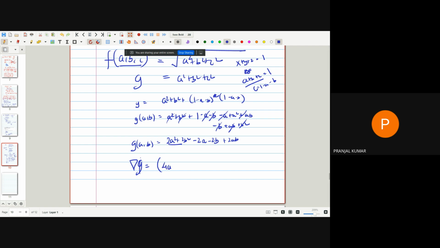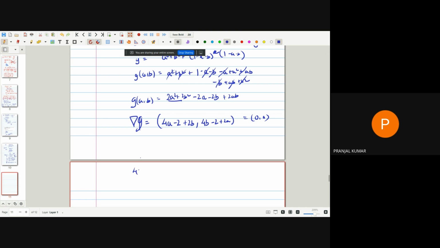So you will get 4a minus 2 plus 2b, comma, then 4b minus 2 plus 2a. Now you have to equate it to 0. So 4a minus 2 plus 2b equals 0, and 4b minus 2 plus 2a equals 0.